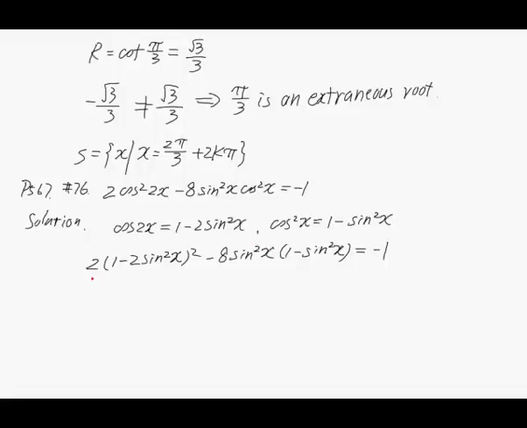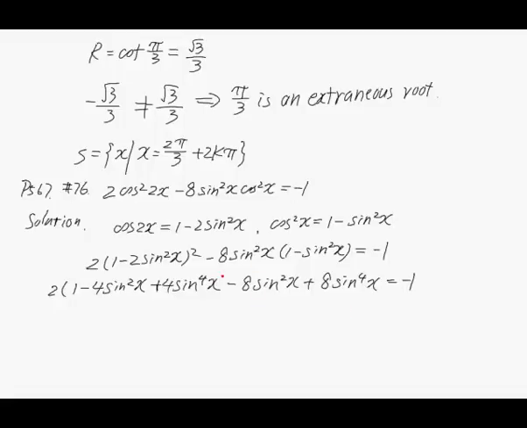So we have 2 times 1 minus 4 sine square x plus 4 sine to the 4th, and then minus 8 sine square x plus 8 times sine to the 4th, equal to -1. Then let's simplify.